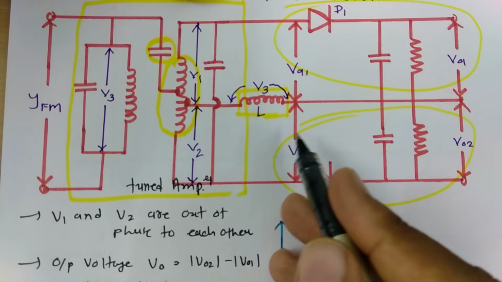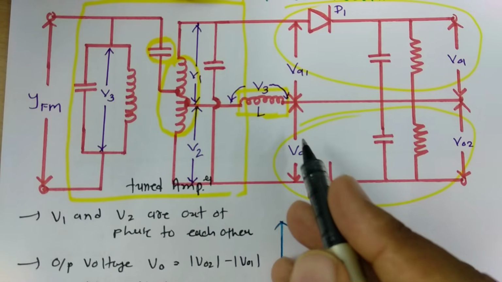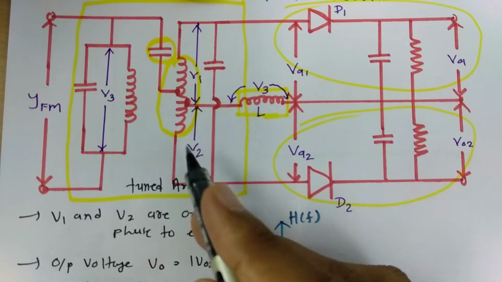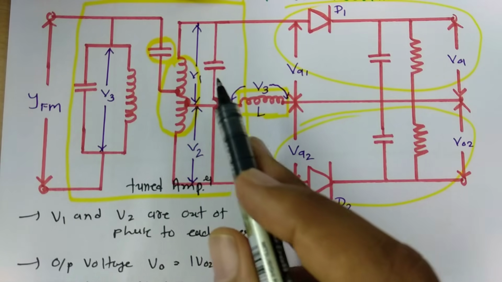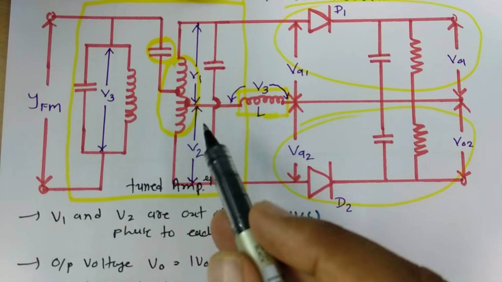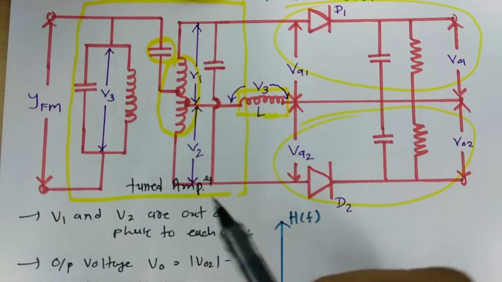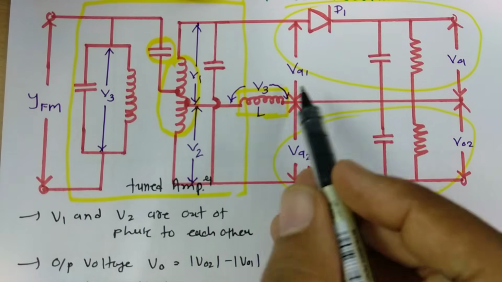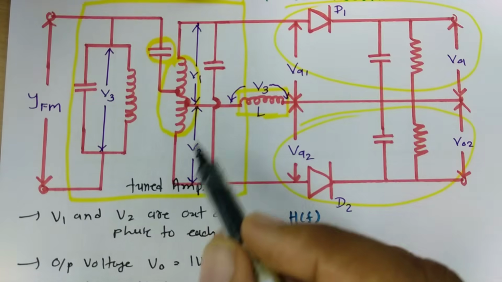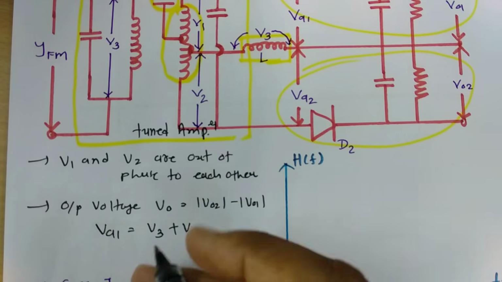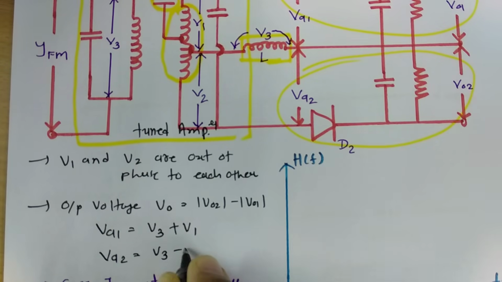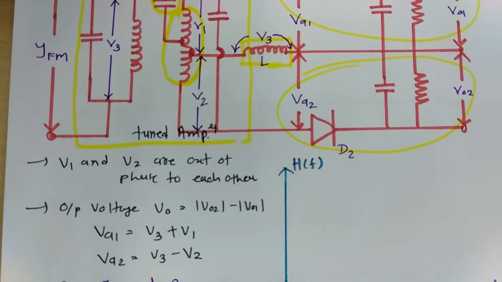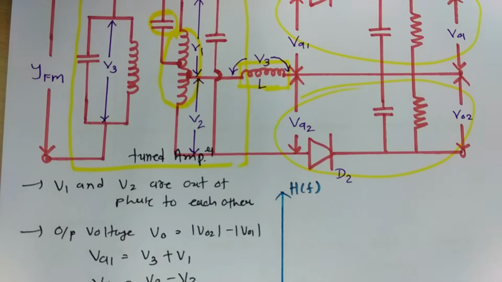When we talk about the VA2 voltage, it will be V3 minus V2. The reason is that V2 is out of phase to V1, so obviously it has opposite phase with respect to V1. So VA2 will be V3 minus V2. Let us have a quick review again.